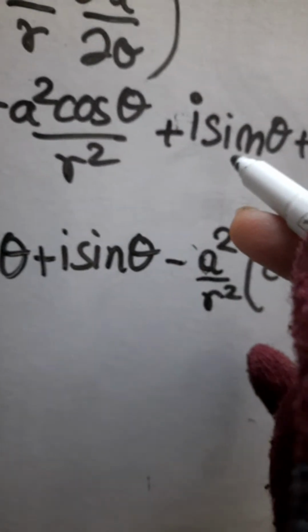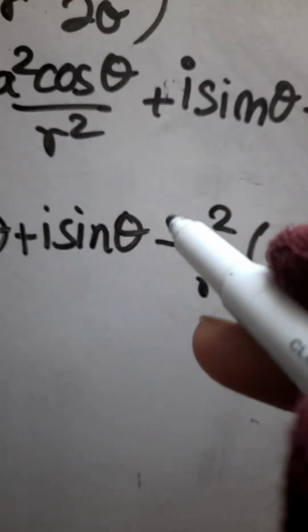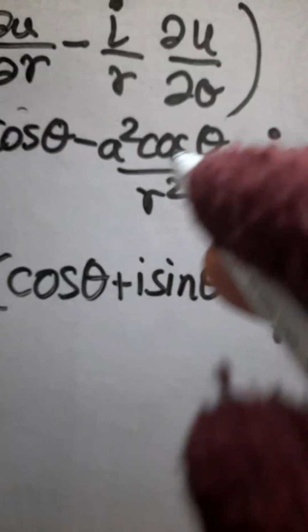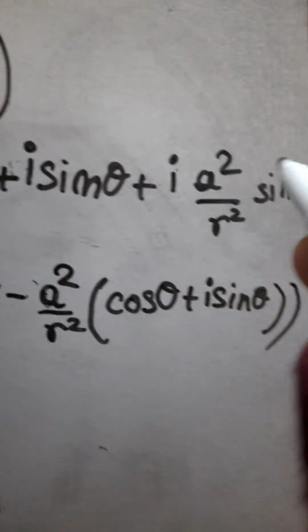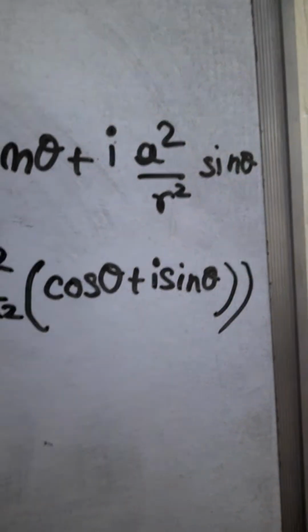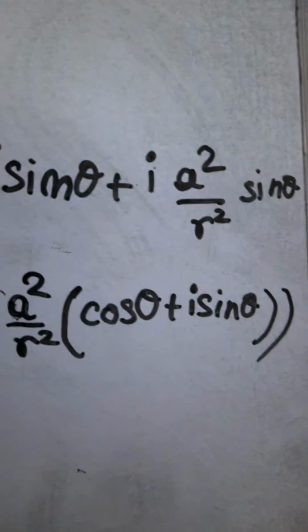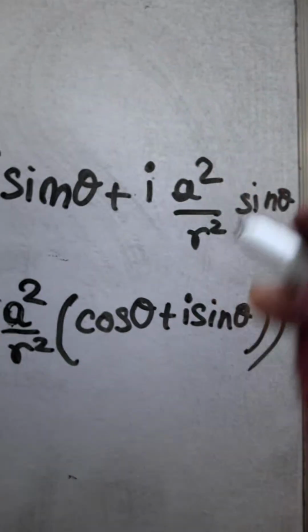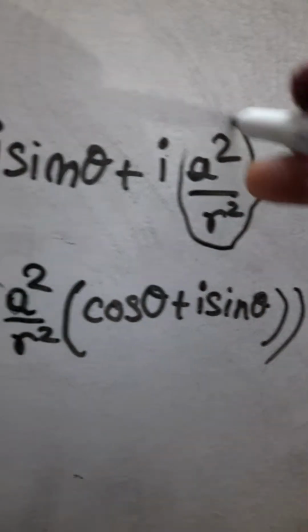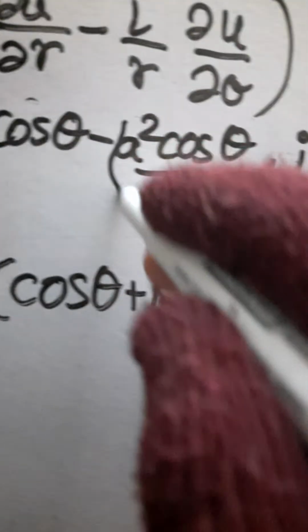So what I did here is I just arranged the terms: cos theta plus I sin theta, and I took the minus sign out, and a square cos theta by r square and a square sin theta by r square. Do you think something is common? Obviously, a square by r square here and a square by r square here is the same.